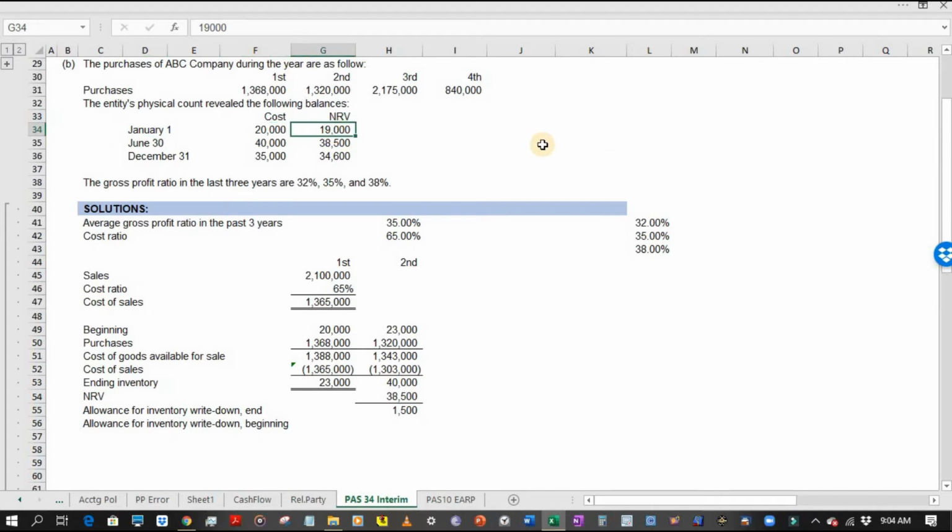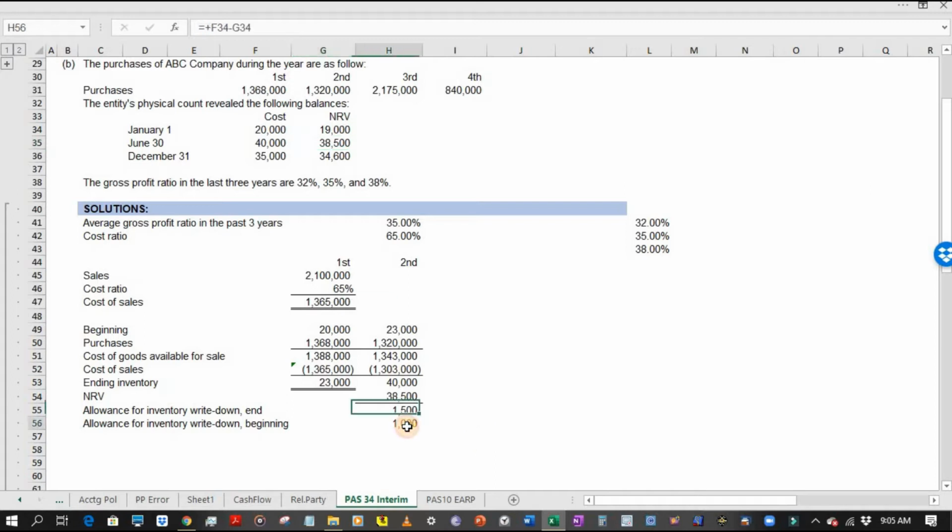Of course, there is only an inventory write-down if the NRV is lower than the cost. So from 1,000 pesos, which is the beginning balance, the difference between 20 and 19, the ending balance as of the second quarter should be 1,500, which is the difference between 40,000 and 38,500.